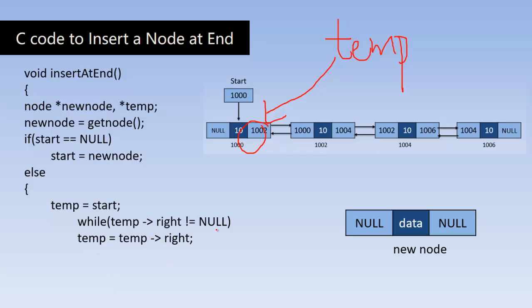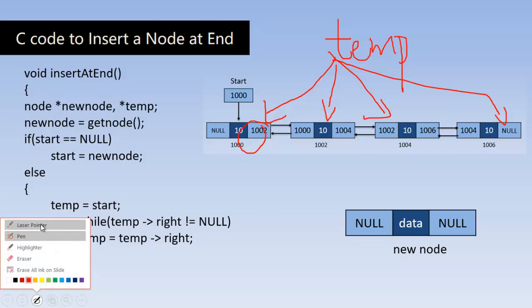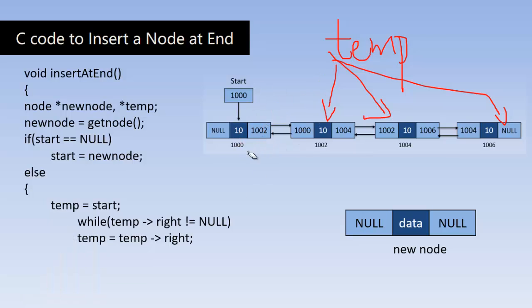Temp arrow right will again be stored in temp, that is, temp will point here, temp will point here. Whenever it reaches here, is temp arrow right not equal to null? No, this time it is null. So you will get out of the loop. Now temp is currently pointing to the last node. Yes, so imagine this situation now. So this is the current situation now.